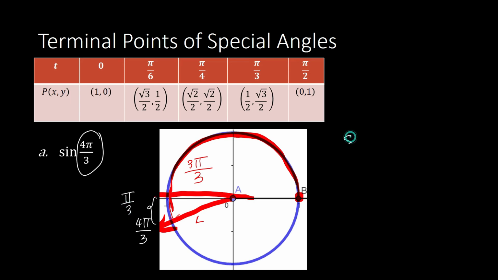So sine of 4 pi over 3 is equal to, you will use the reference angle sine of pi over 3, and then you will affix the appropriate sign. Is it negative or positive? Well, in the third quadrant, your sine function is negative. So sine of 4 pi over 3 is equal to negative sine of pi over 3. So you will go to pi over 3. This is sine of pi over 3, but you will affix the negative sign.